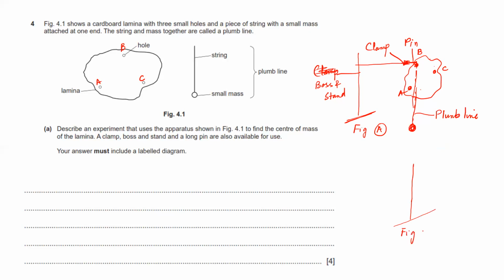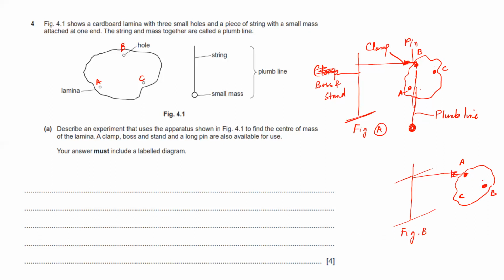You can draw a figure B, again something like this. This is your boss and stand, this is clamp, and this is pin, and this time you are suspending your lamina from point A. Point A is here, B comes somewhere here, C comes somewhere here. Okay.